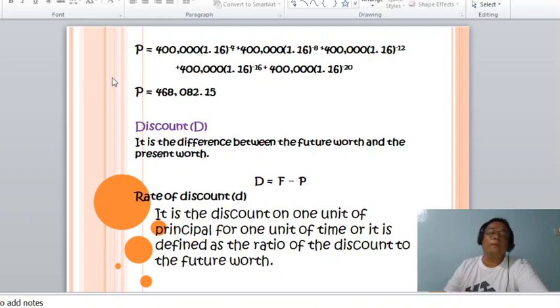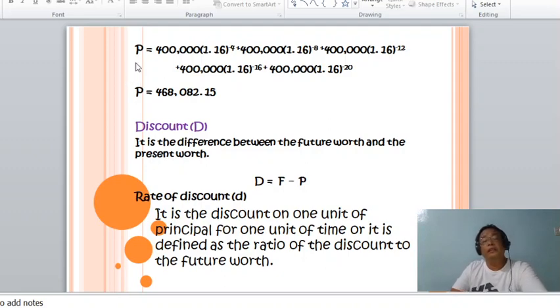So, therefore, the principal amount invested, of course, is equivalent to 468,082.15 pesos.